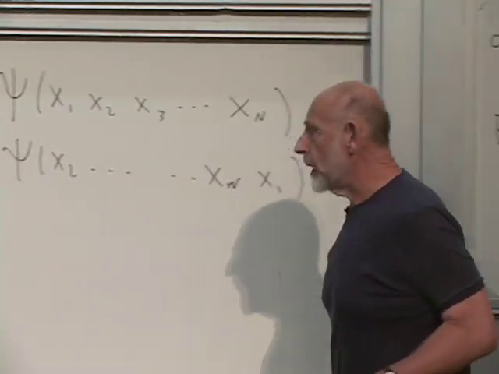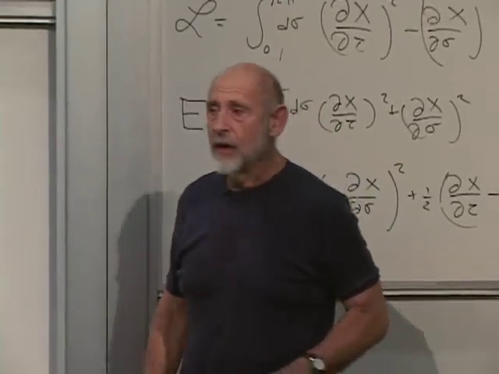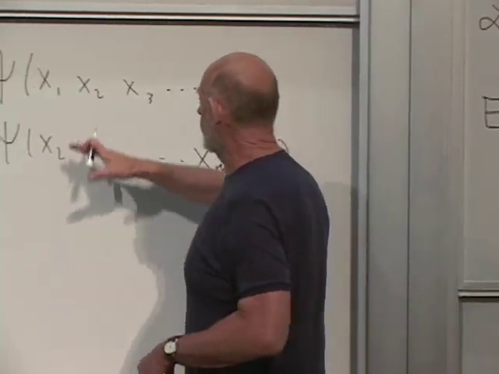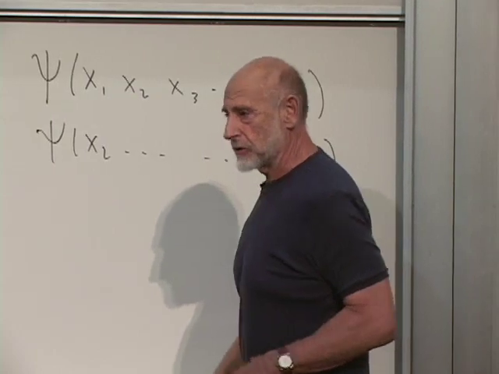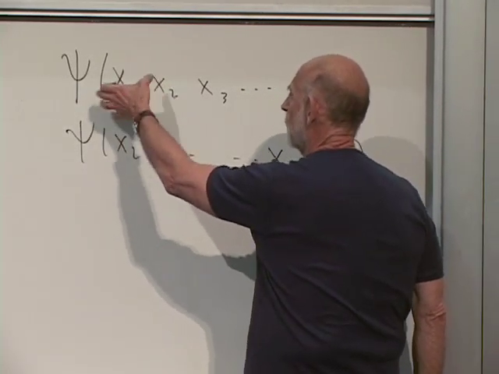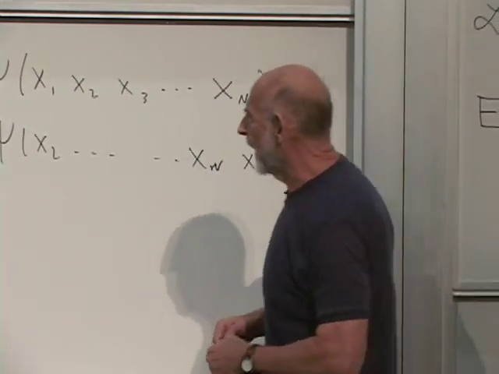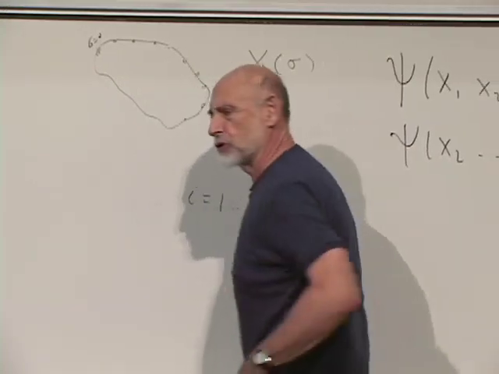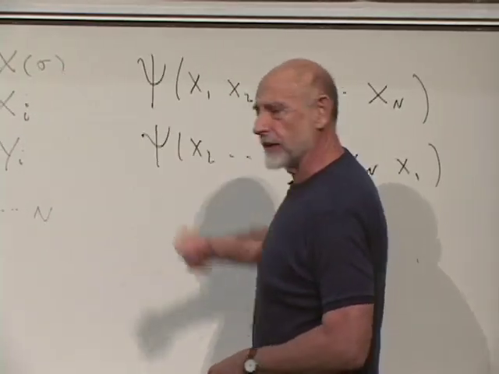Now what about the quantum wave function of a string which is completely symmetric with respect to reordering the x's? I don't want to reorder them in the sense of putting x3 between x1 and x2. That's too violent a thing to do. That takes a point and rips the string open, but just in cycling them.